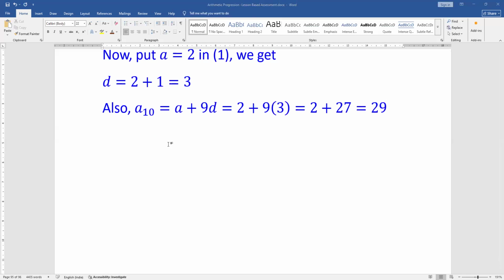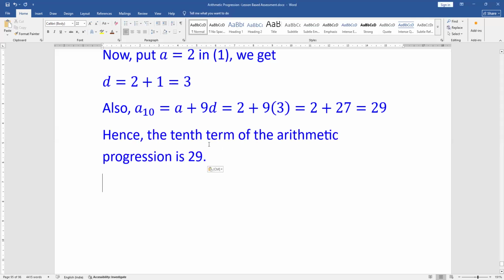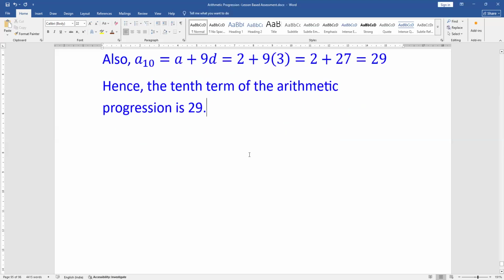So you write the concluding statement: hence the 10th term of the arithmetic progression is 29.